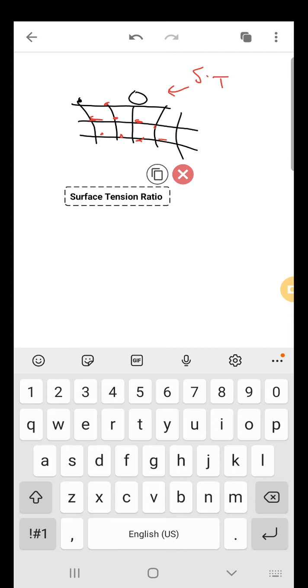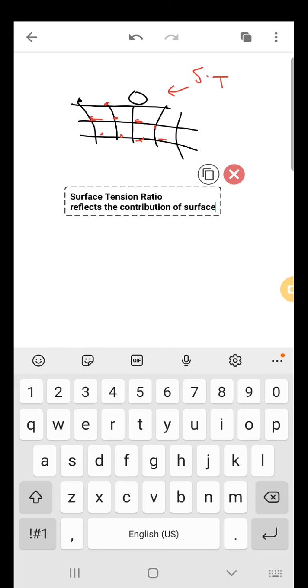It reflects the contribution of the surface free energy.